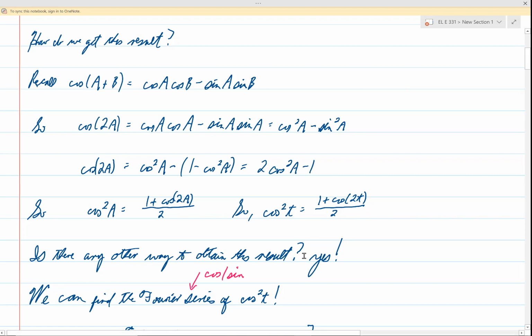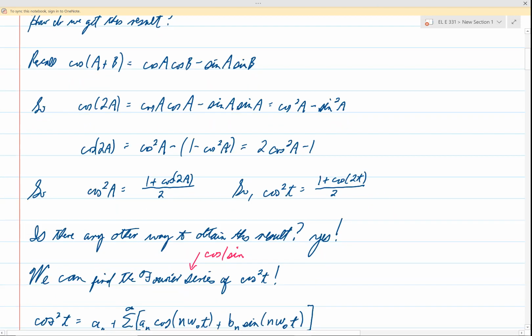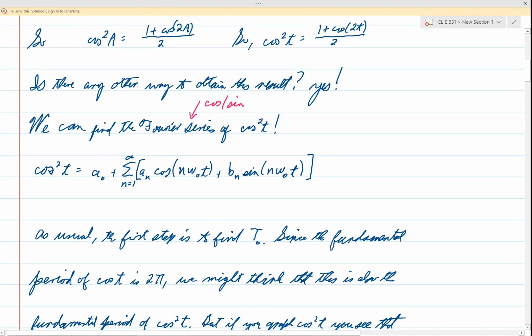And so, yes, you could obtain this by calculating the Fourier series of cosine squared t. So let's do that and see what happens. And I think you'll see that this is pretty interesting.